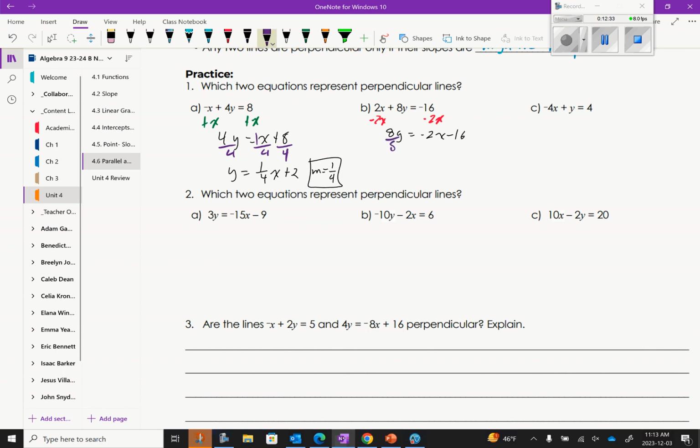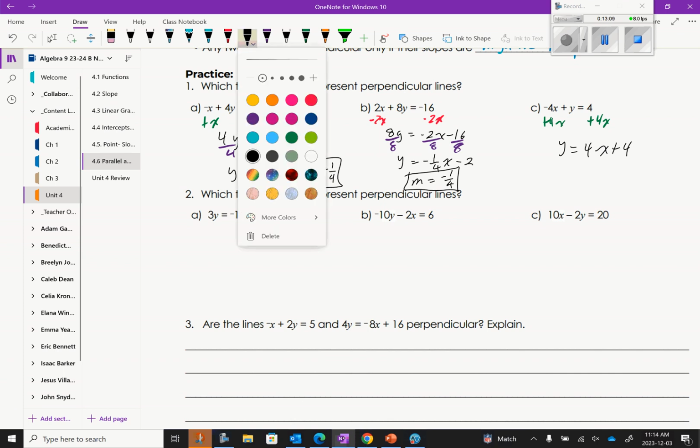And then divide by 8. And for the last one, we'll start by adding 4x to both sides. Don't have to do any division at all there.